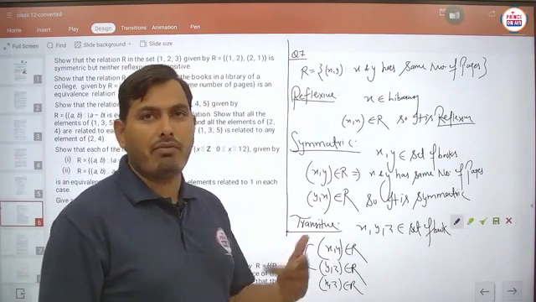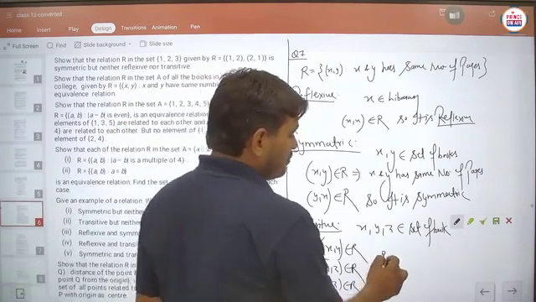So X, Z definitely belongs to R. So it is transitive.